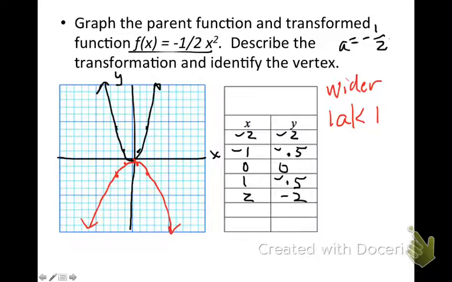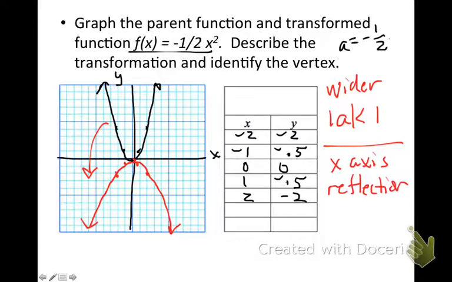Now also notice that this graph has been reflected and then widened. And so it's reflected across the x-axis. So the negative gives us an x-axis reflection. All the y values that were positive and up in these upper quadrants here are now negative and then widened. So an x-axis reflection, and that's because of our a value being negative.